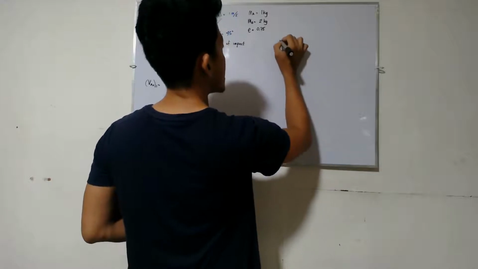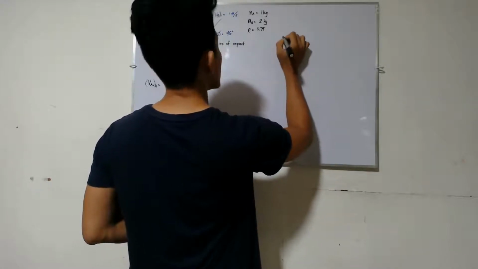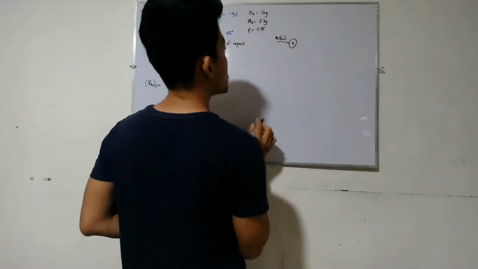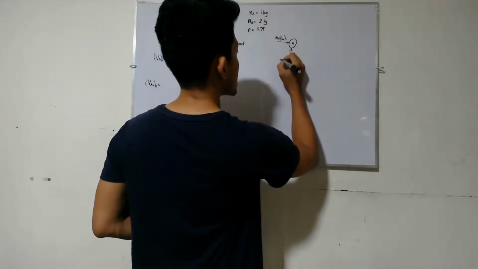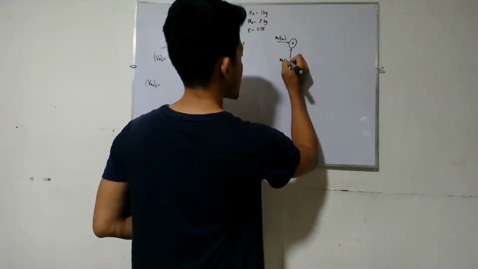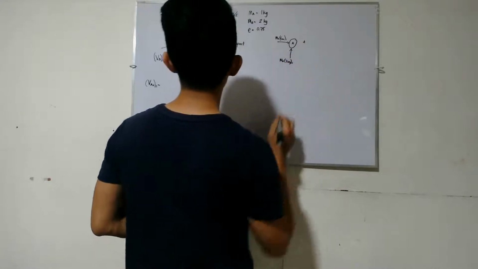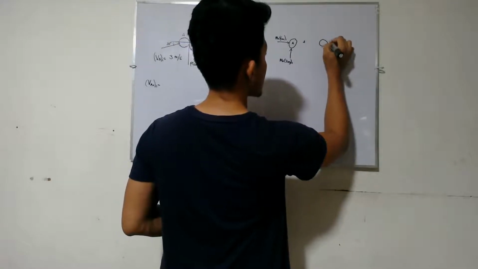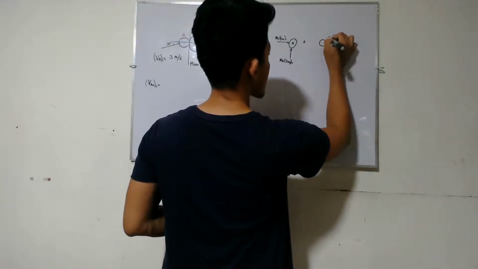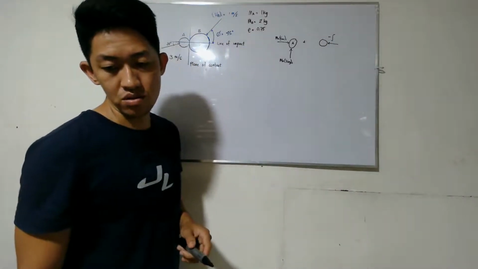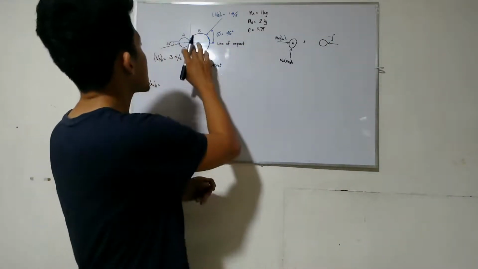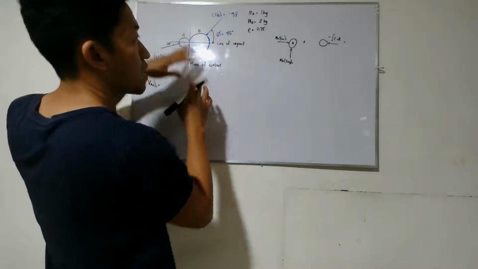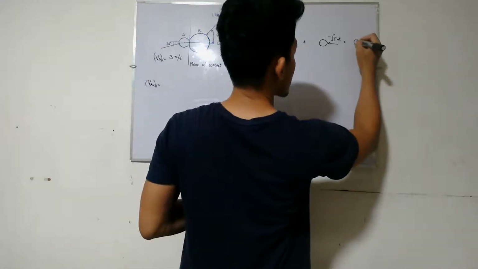This is A. This is your initial momentum along x, along y, plus A will experience a negative impulse, right? Exerted by B. We don't know the direction of A, so we will assume positive.